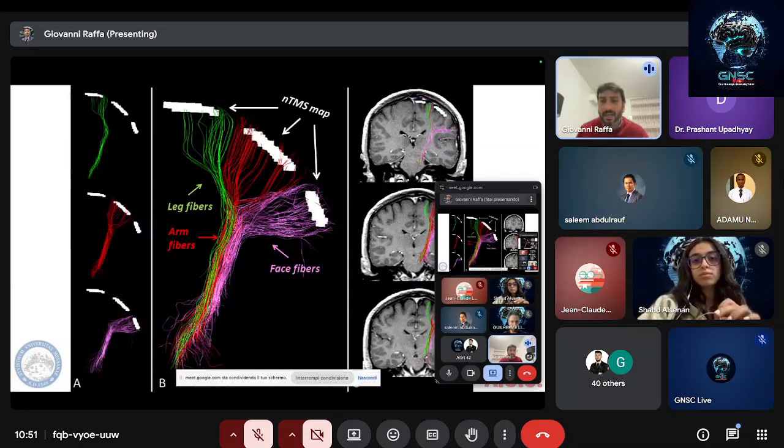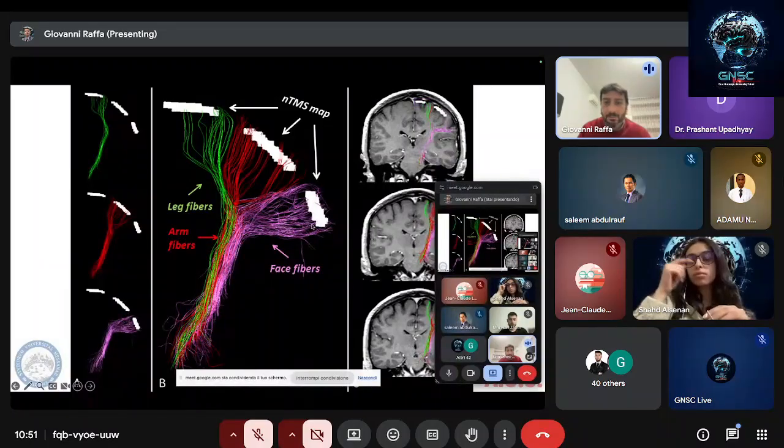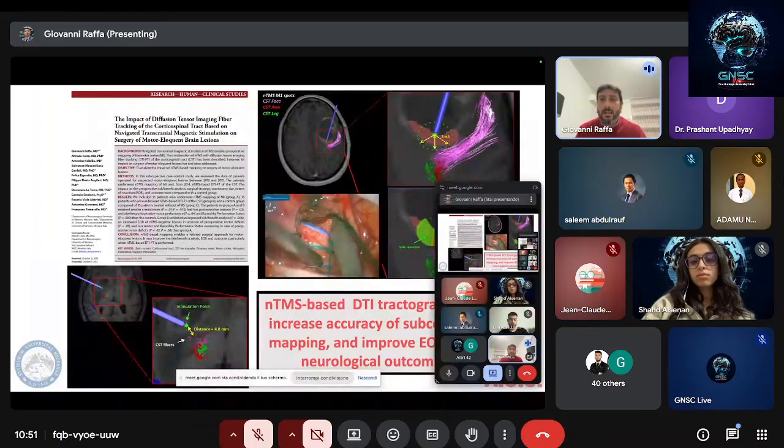And this is the final result with the reconstruction of the corticospinal tract and its somatotopic organization, with the fibers coming from the cortical area with the representation of the face muscles, arm muscles in red, and in green leg muscles.